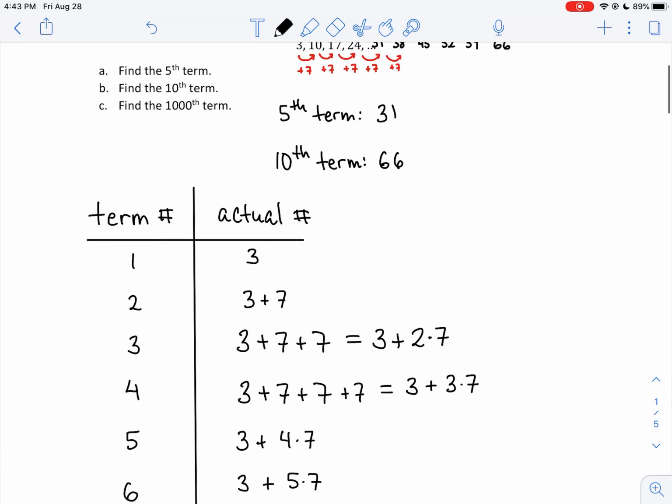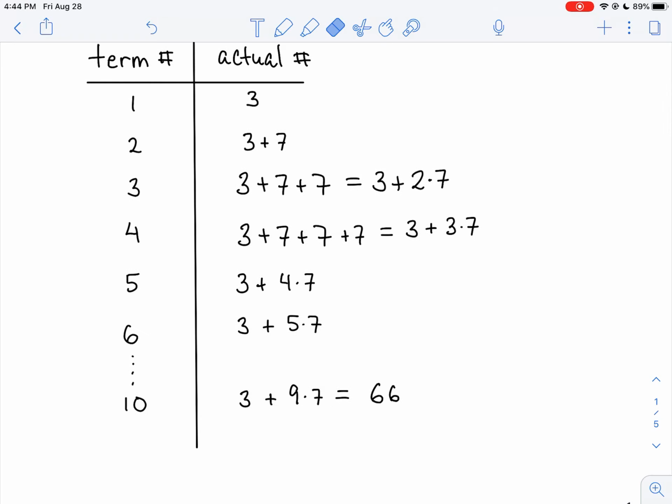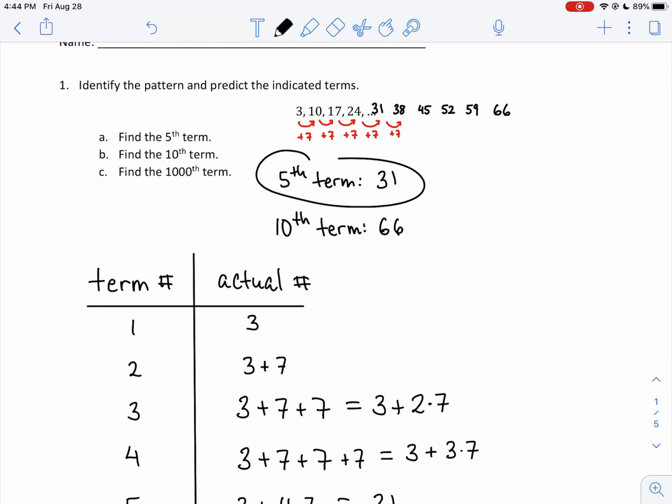Right, so this does confirm that the 10th term of our list is going to be 66. The 5th term was 31, so let's look at this calculation right here and just build our confidence. 4 times 7 is 28, add 3, 31, right? Confirming what we got just by adding 7 to the 4th term.